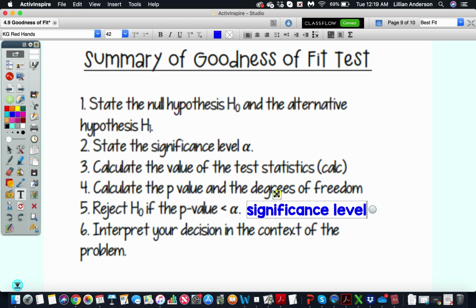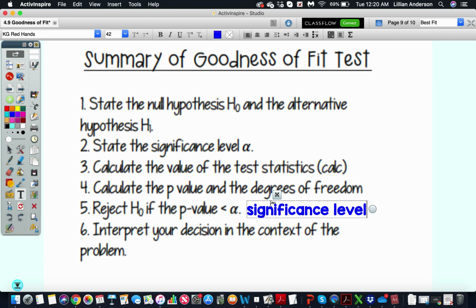Try to refrain from saying you accept the null hypothesis, because when you fail to reject, that just means that your null hypothesis was not shown to be false. That doesn't mean the exact opposite is true. And then of course you interpret your decision in the context of the problem.